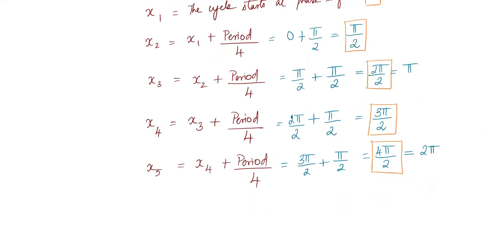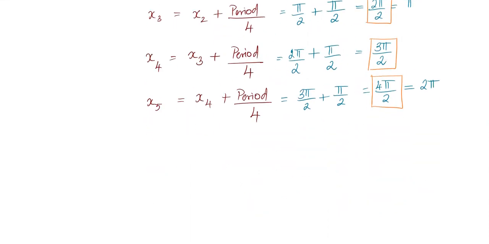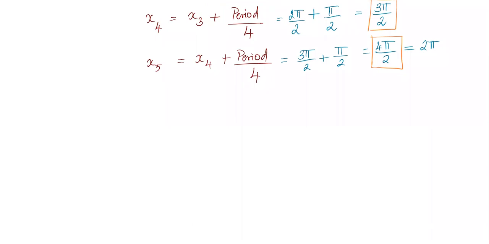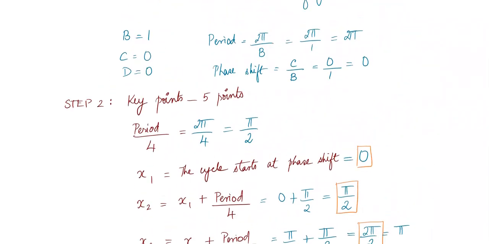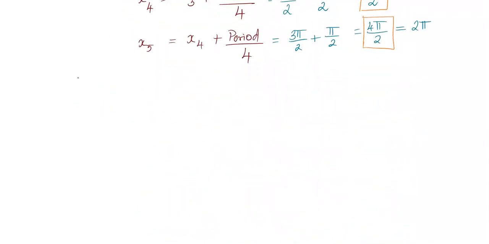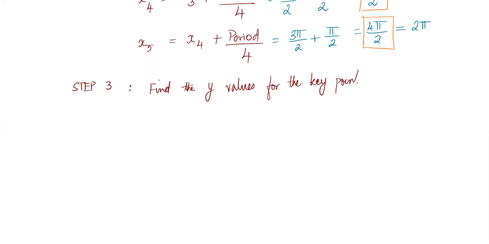Once you've got this, you're pretty much all set, because now you're ready to draw your table. What step was this? This was step 2, right? So step 3, find the y values for the key points. This is basically your table.